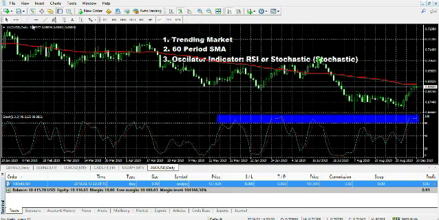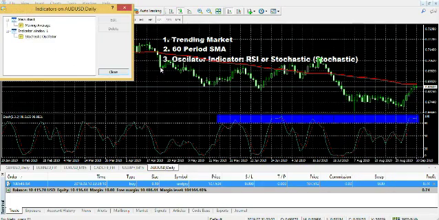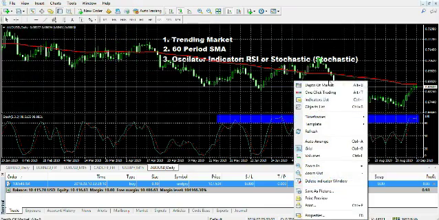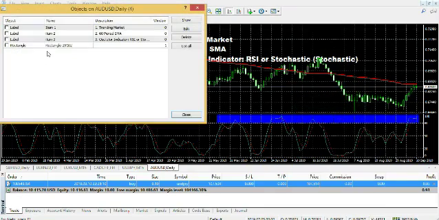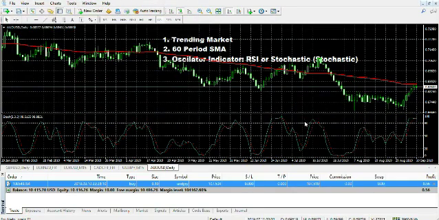Okay, what are we looking for? Let me remove this rectangle too. Object list. So what we are looking for is this.